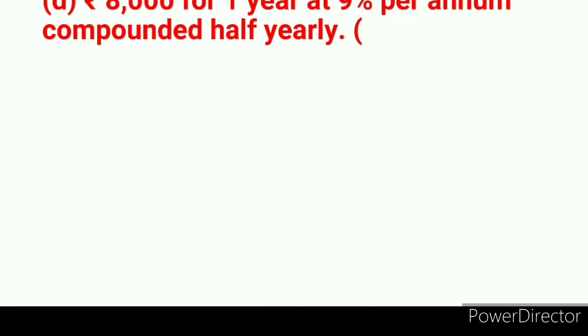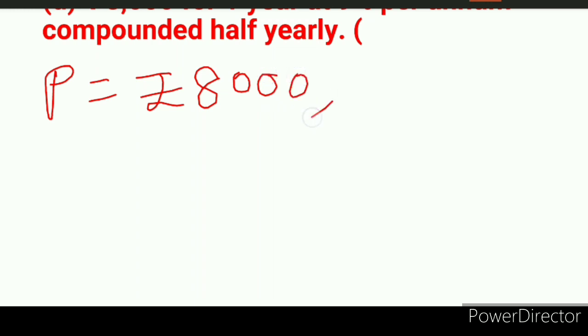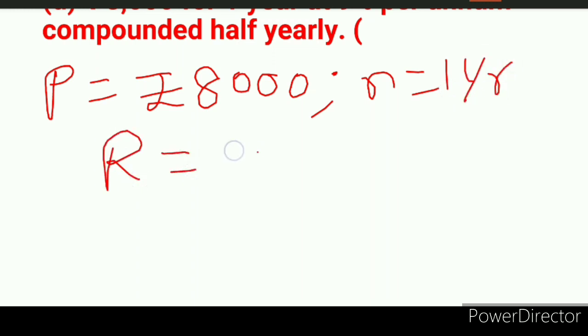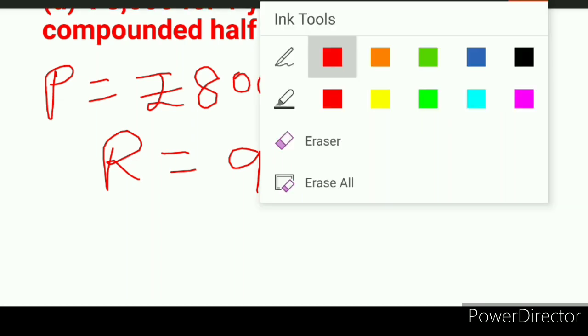Next question, principal is 8,000, time 1 year and the rate is 9%. We'll write first, principal equal to rupees 8,000 and n equal to 1 year, R equal to 9%. We'll substitute all this in the half yearly formula.